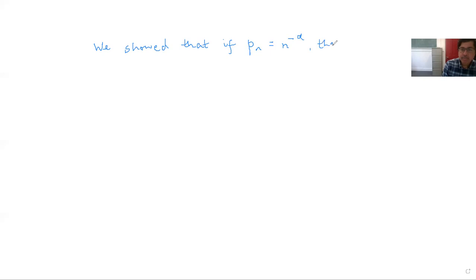And then we showed that in G(n,pn), these Erdos-Renyi random graphs, the expected number of triangles tended to 0 if alpha is bigger than 1, and that it tended to infinity if alpha is smaller than 1.